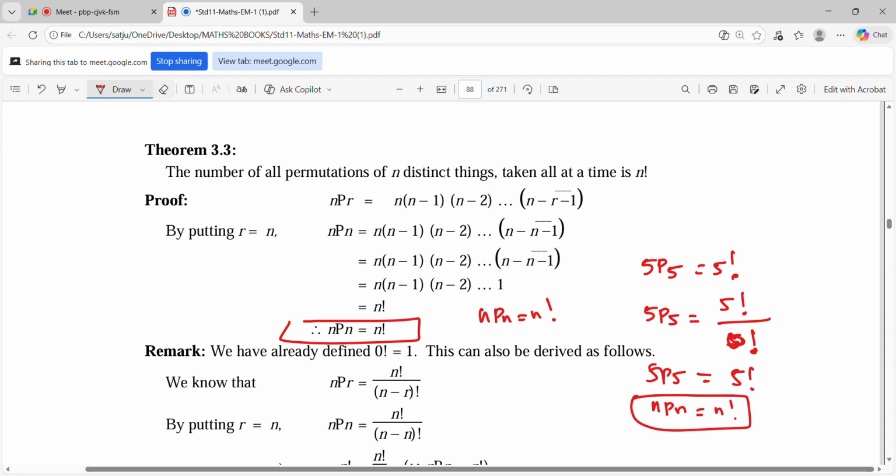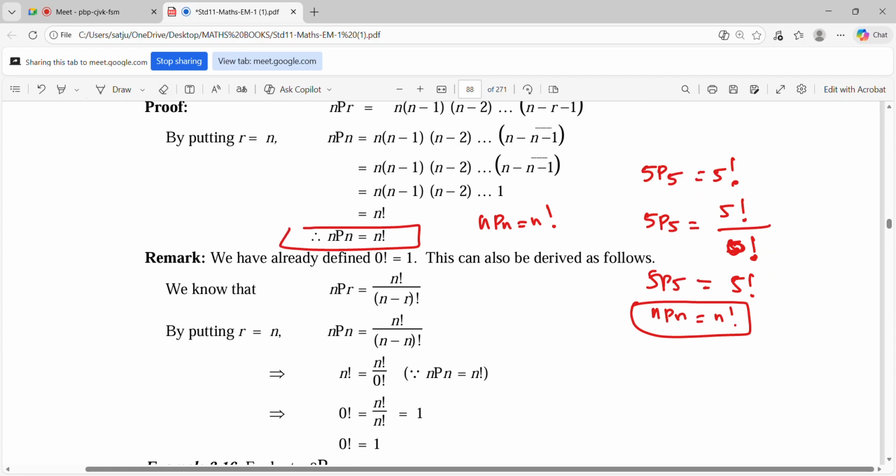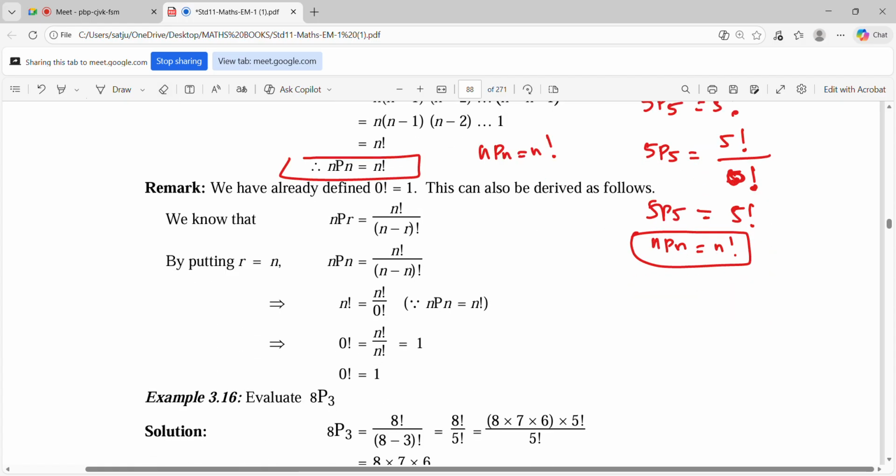Let's see why 0 factorial is equal to 1. See here, nPr. You substitute r is equal to n, then it becomes n factorial by 0 factorial. Since nPn is equal to n factorial, we write the LHS as n factorial.